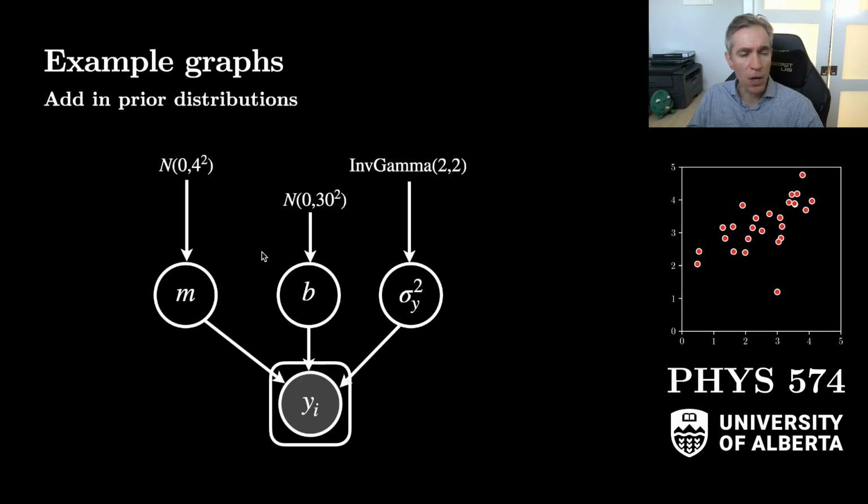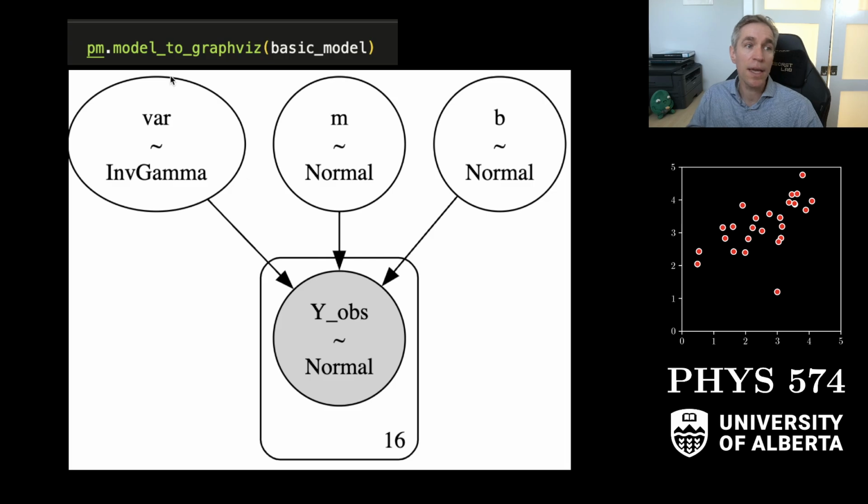We've also assumed x, so we can also say that the x_i also feed right in here, but it's not a random variable, it's just a constraint of the problem, so we didn't show it up here. The nice thing about these graphical models is that once you've made them, you can just say to PyMC, draw me the model for what you think this basic model is.